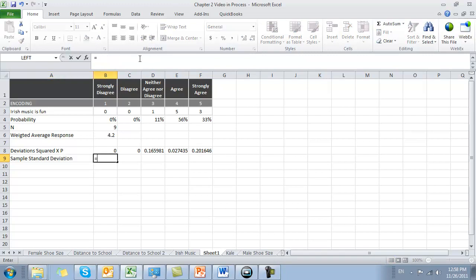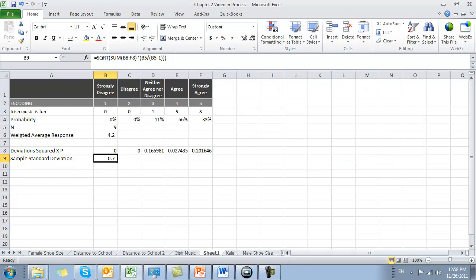That would be equal to the square root of the sum of these deviations squared times the probability of getting each one, times this n divided by n minus 1. Close parenthesis, close parenthesis, close parenthesis. And you have 0.7, which is what we had here as well, 0.7.